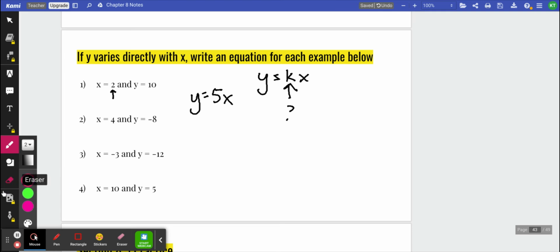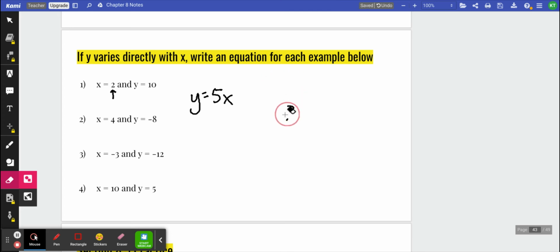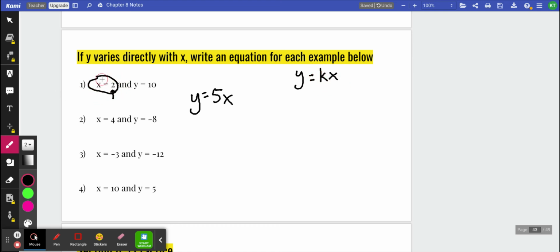Now, let's say that we didn't know that. It doesn't always end up being whole numbers like 5. Sometimes it's fractions, sometimes it's decimals. So if this is my general equation, y equals kx, it tells me what x is, so I can plug that in here.